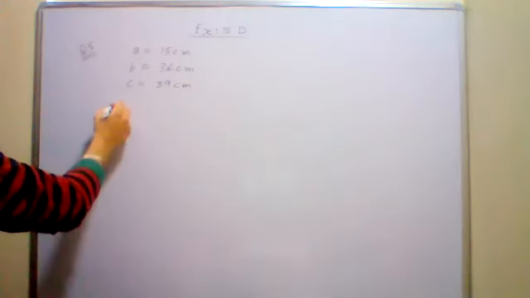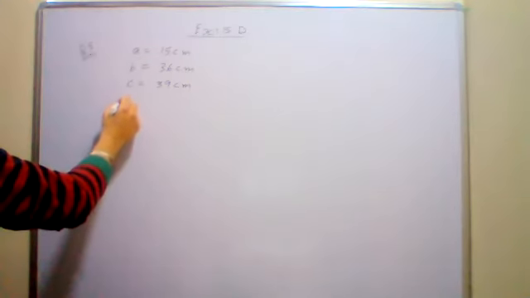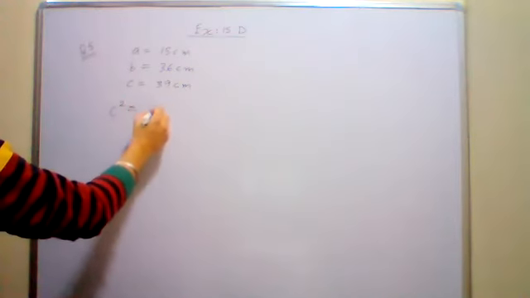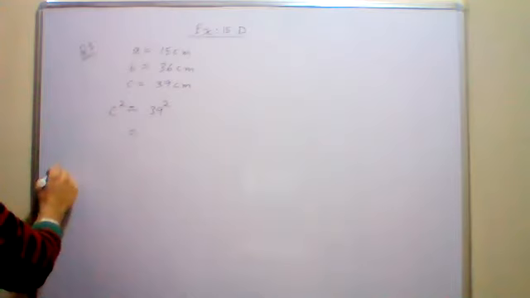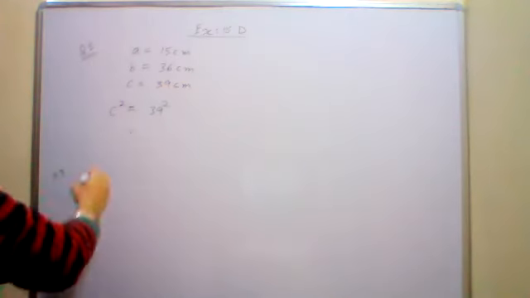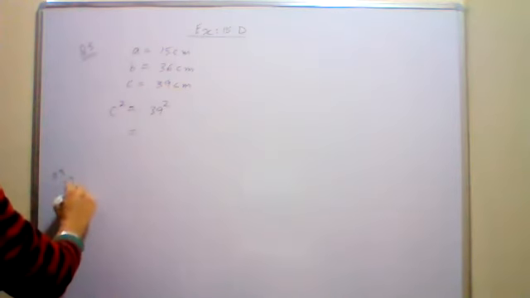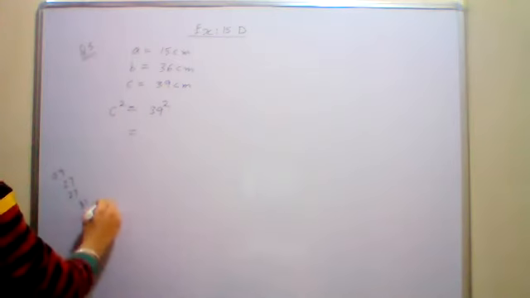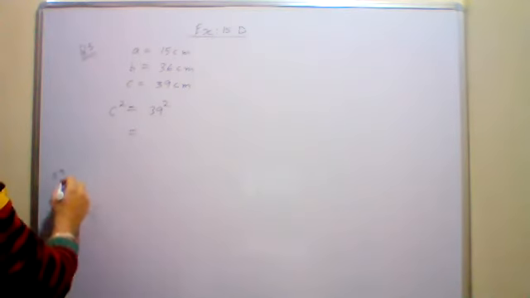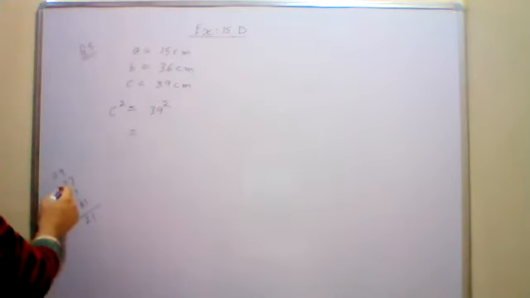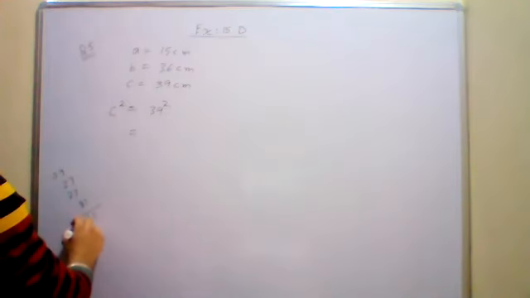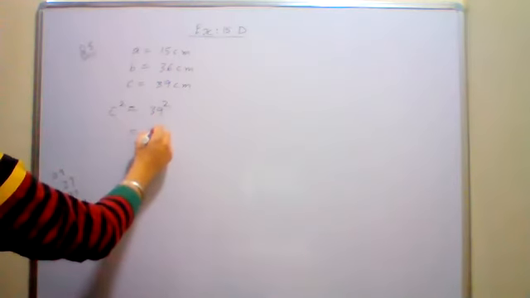First of all, you will find the square of 39, C square. 39 square: 9 times 9 is 81, 3 times 9 is 27, and so on. 1521 is the square. Am I right?